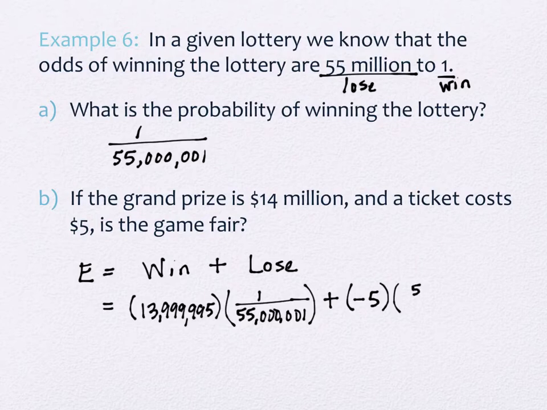It's 55 million over 55 million 1. These are really big numbers. If the number had even been larger, the values we'd be working with could be even larger than this. But we're going to calculate this, and our calculator is going to be our friend for doing so. So I have my 13,999,995 divided by my 55 million and 1.